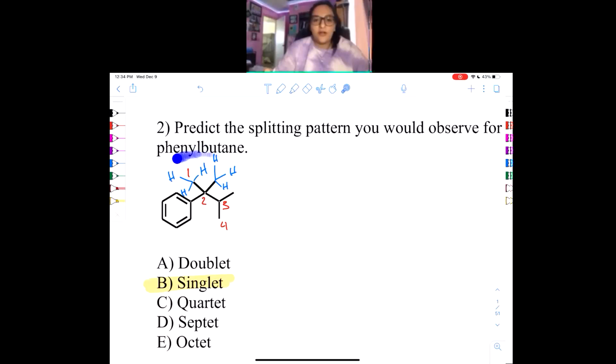Does this molecule have anything higher than a singlet? What do you think? Are any of the hydrogen signals here higher than a singlet?